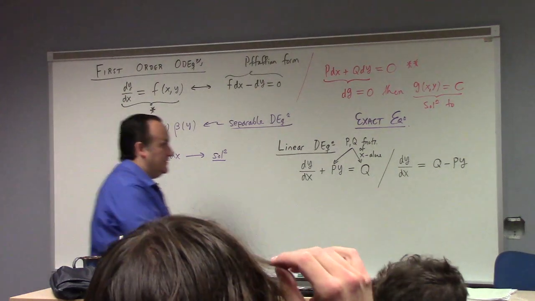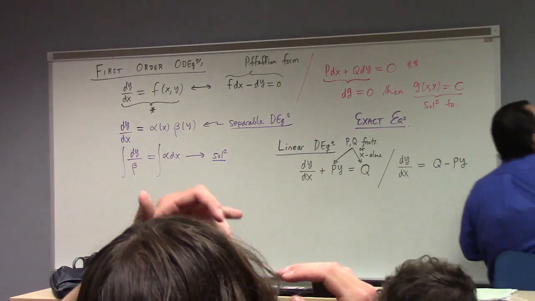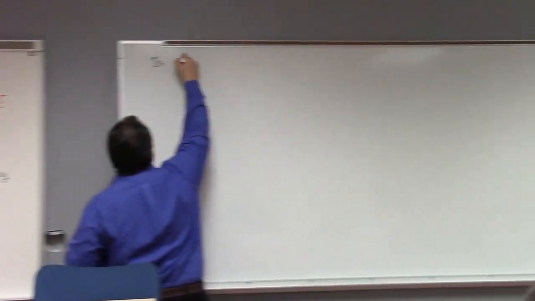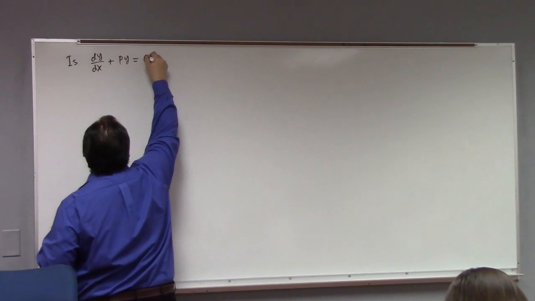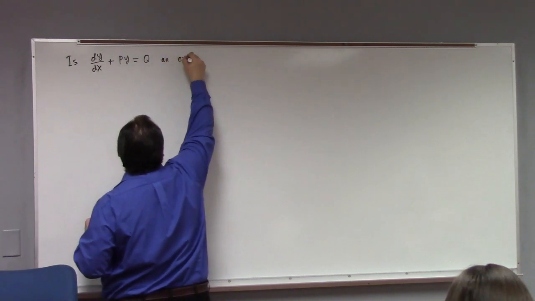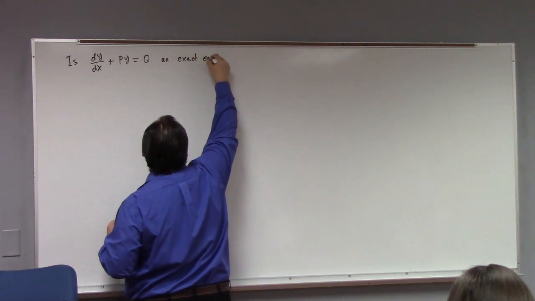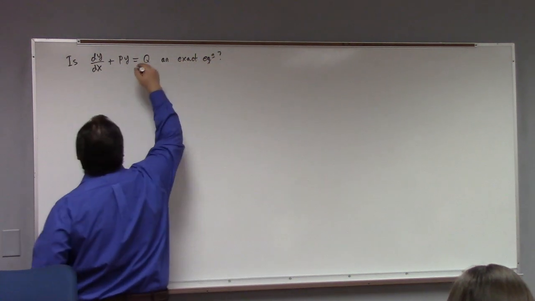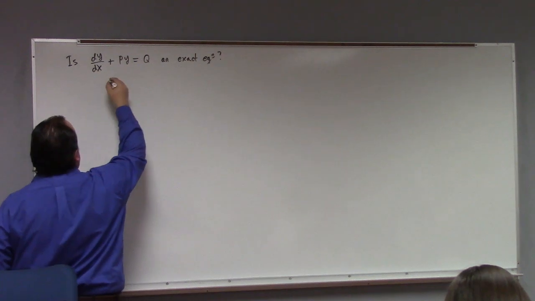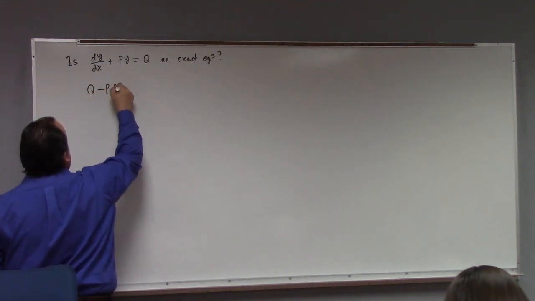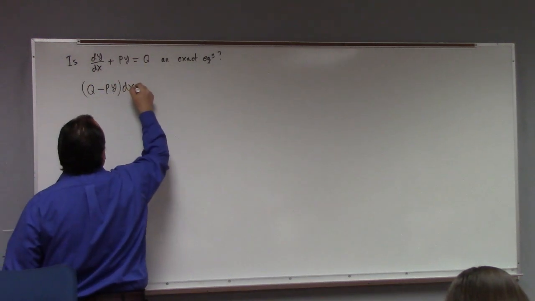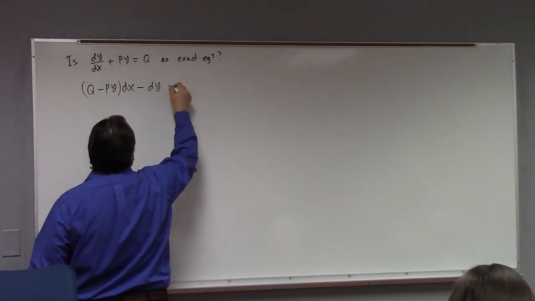Let's try that out. So, is dy/dx plus py equals q an exact equation? What do you think we're going to find out there? Let's look at it here. We've got (q minus py) dx minus dy equals 0.